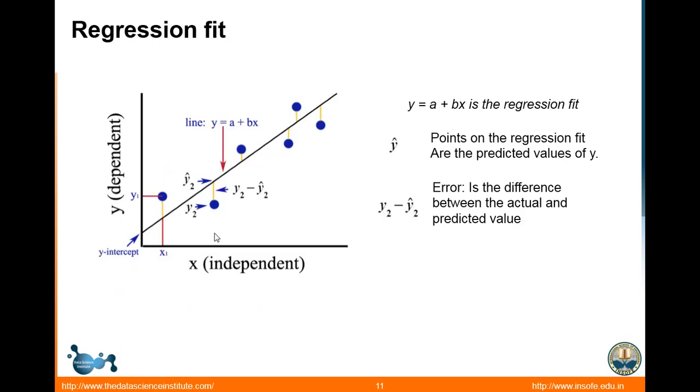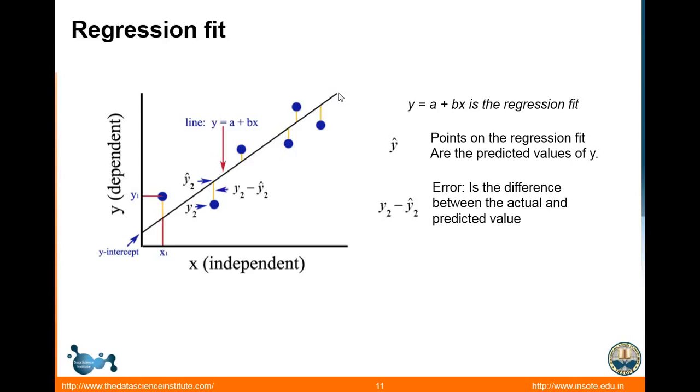Let me just explain this again. y equal to a plus bx is the regression fit. y hat, which is called the predicted value of y, is the point on the regression line. It is also termed as the predicted value of y, the response variable.